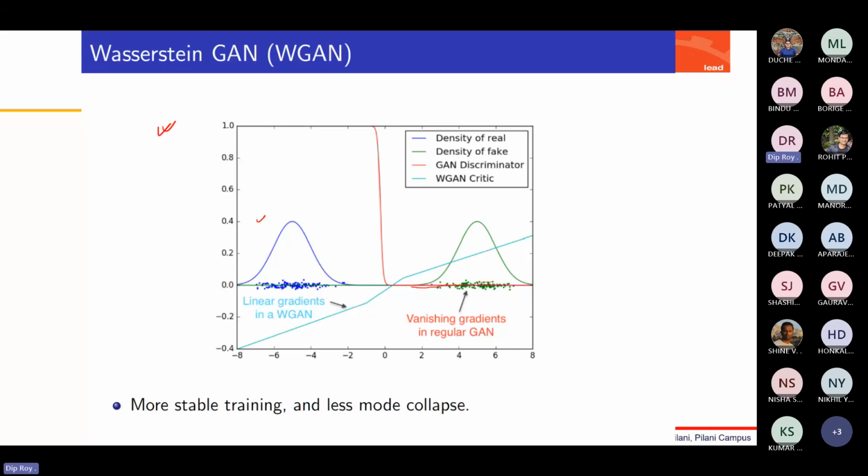So this gives the generator a clear signal of which direction to go and what is better. And this is where this kind of intuition comes into the picture. Okay. So more stable training, less mode collapse. This is what the WGAN does.